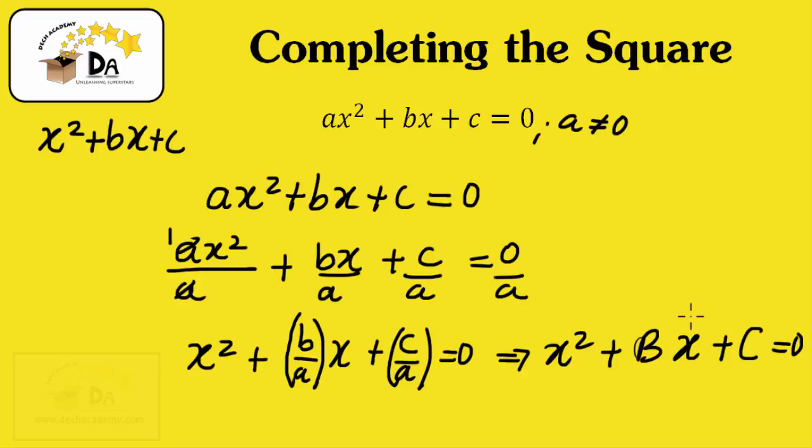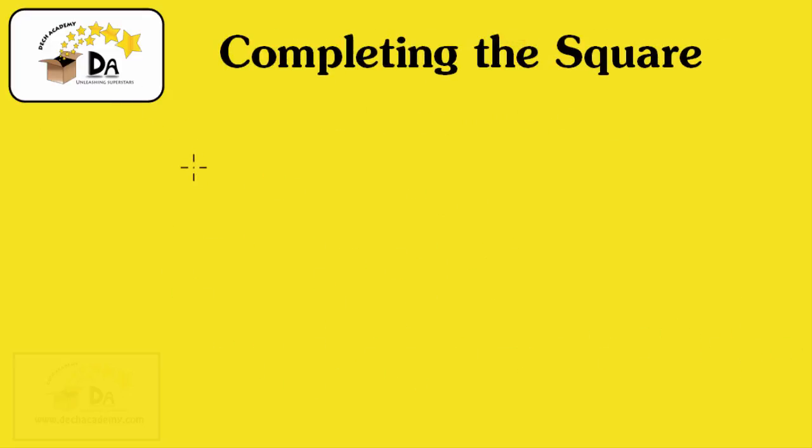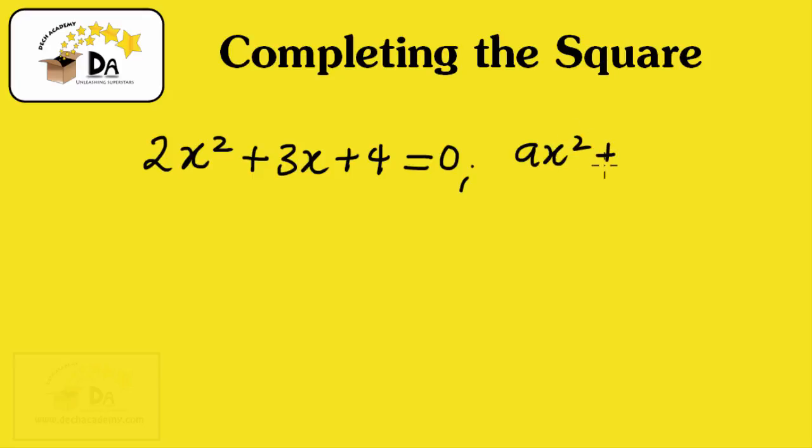Now, for example, the equation 2x squared plus 3x plus 4 equals 0 can be solved by using the quadratic formula, because it's of the form ax squared plus bx plus c equals 0, where a isn't 0.